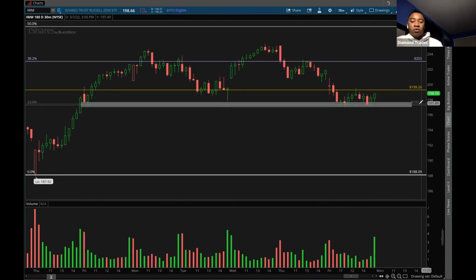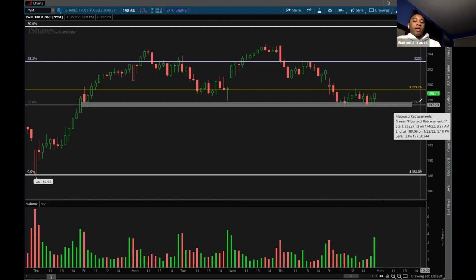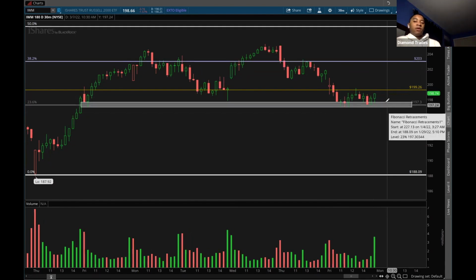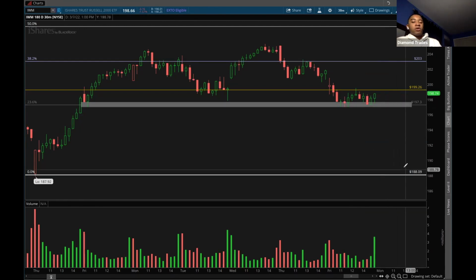I've got my 236 fib, which again, I don't love to watch on the fibs, but like I told you guys, the 236 has been pretty significant for IWM in particular. And so that's a significant fib for me. I would look at that whole zone and say, if we start to fatigue around here, that could be a good entry for a green to red move on puts and a sell off into the close and potentially the rest of the week, right? And so that is how I'd approach that.